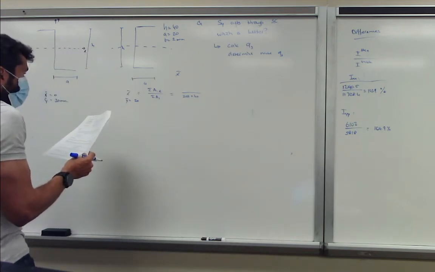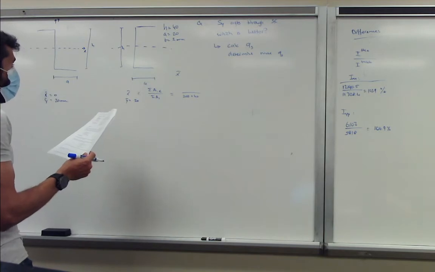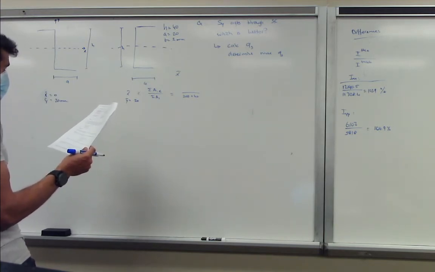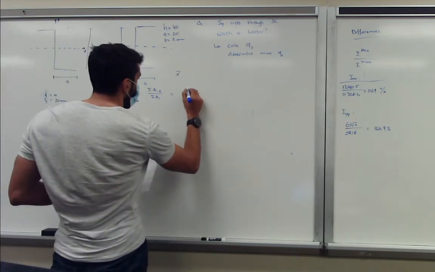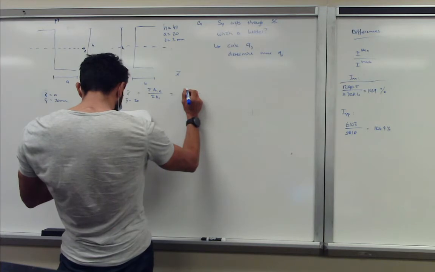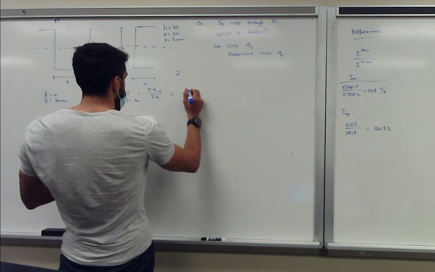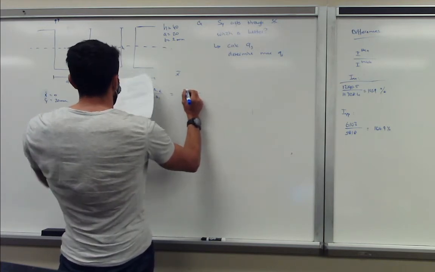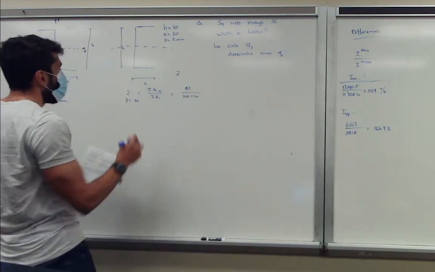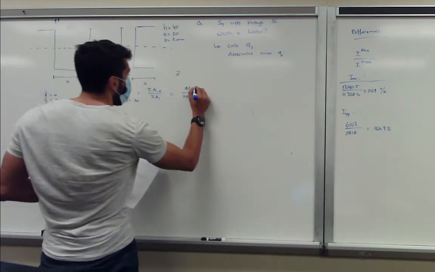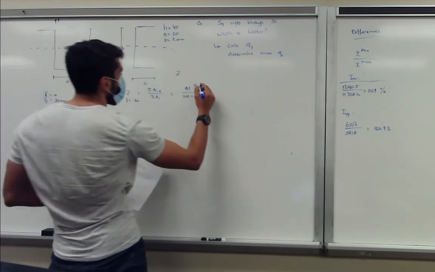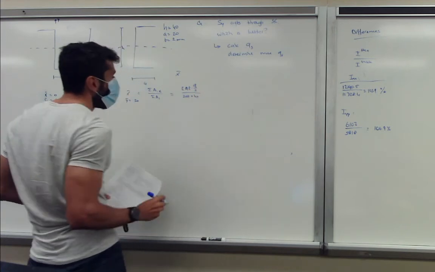So the area, that's a times t multiplied by a over 2, and the top one is the same, so you can just multiply this by 2.